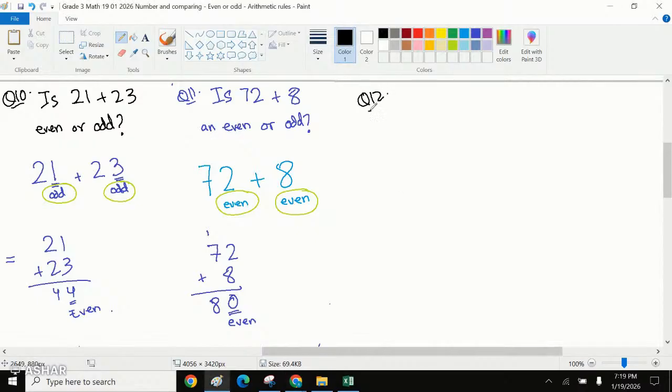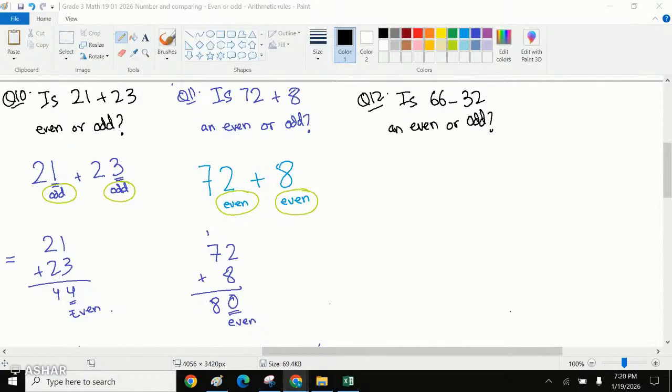Question number 12 is: is 66 minus 32 even or odd? What is the answer for this? 66 minus 32. Rebecca, can I have the answer? What would be the result of 66 minus 32?